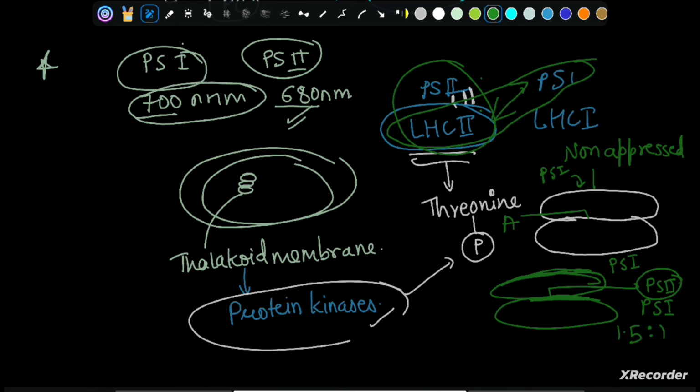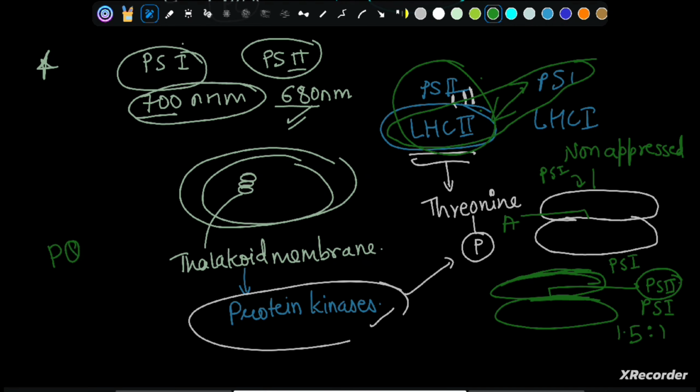This protein kinase is activated when plastoquinone, one of the electron carriers between PS1 and PS2, accumulates in the reduced state. Just remember, when will your plastoquinone be reduced? When it becomes plastoquinol. I talked about the Q cycle as well, right?